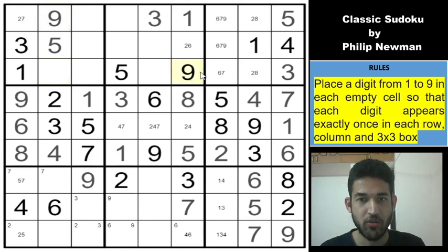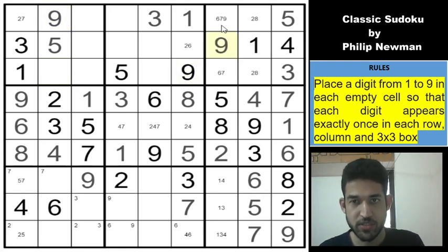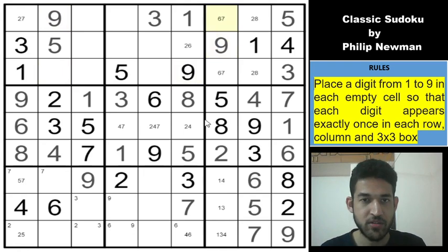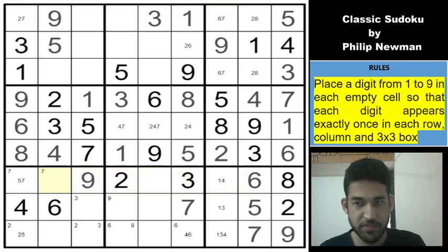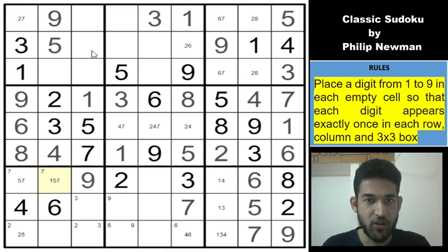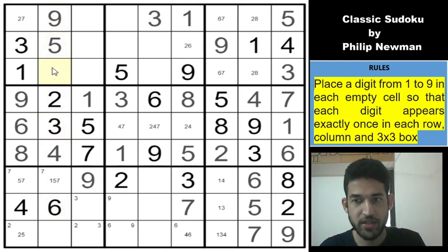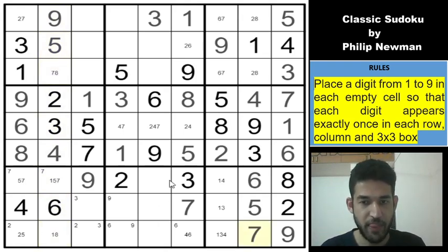So 9 in row 1 and 3 gives a 9 here. So which means this would be a 6, 7. So 2, 3, 6, 8, 9 in row 7, and this cell cannot take a 4. So this must be 1, 5 and 7. Okay, so I look at column 2, again 6 digits, 2, 3, 4, 6, 5, 9, so 1, 7, 8, so this is 7, 8, this is 1 and 8 because of the 7 here.